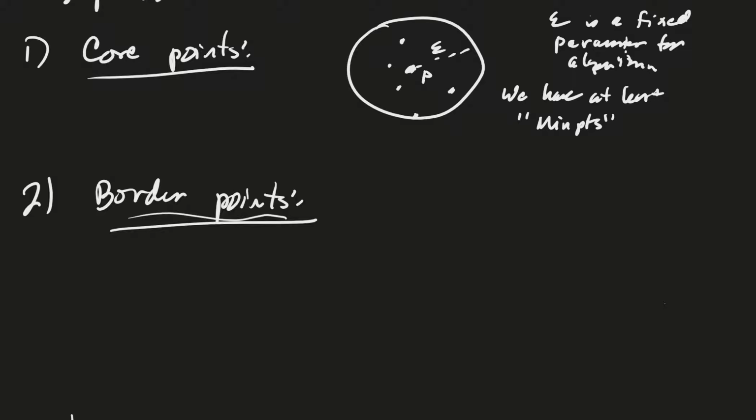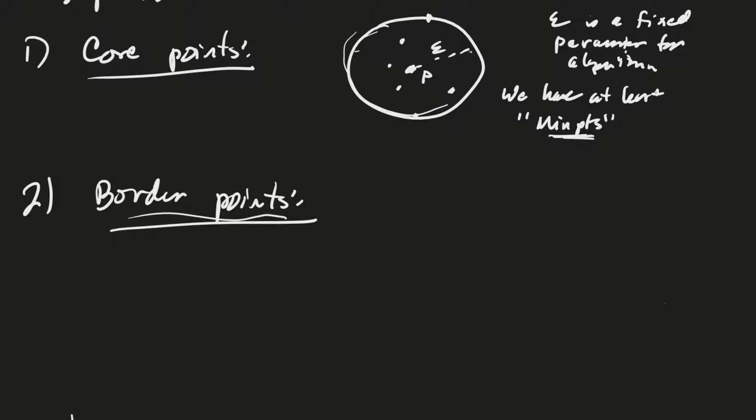By the way, that also includes the border point. Again, point P is a core point if, when you draw an epsilon neighborhood about P, you have at least min points in the epsilon neighborhood.